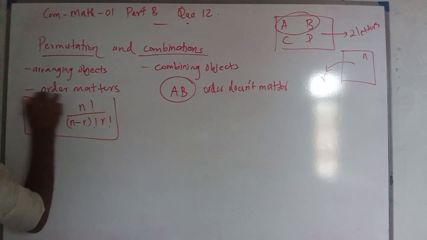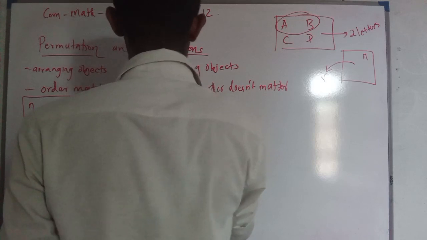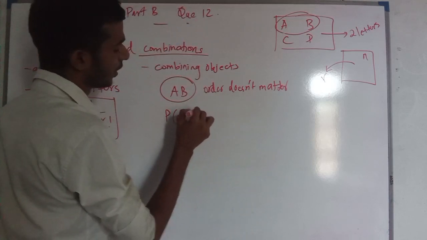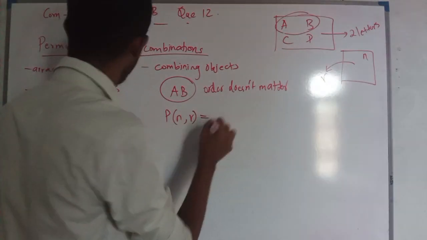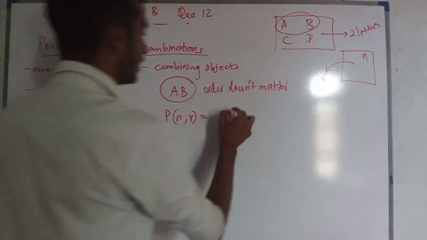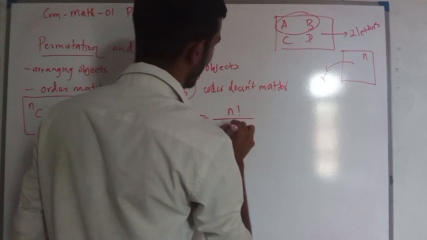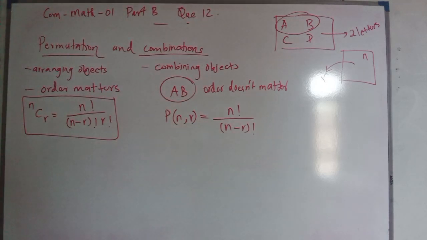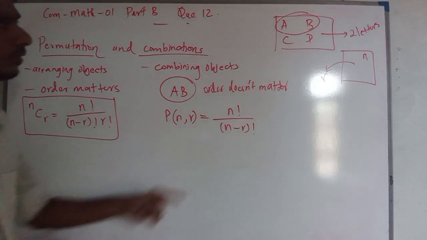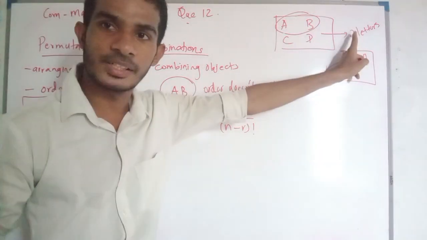For permutation, selecting r from n objects, it is without the r factorial portion: n factorial divided by (n minus r) factorial. So these are the formulas.